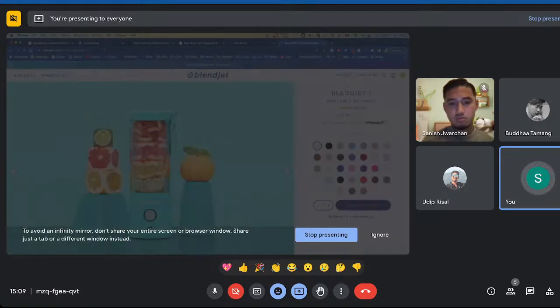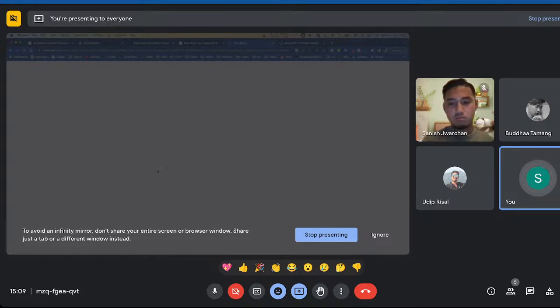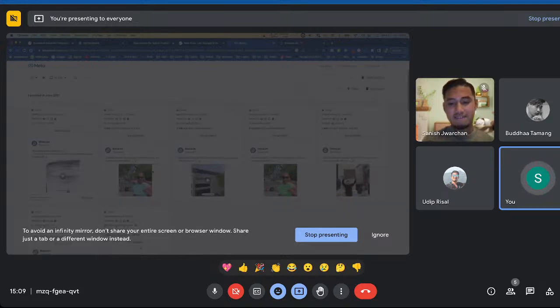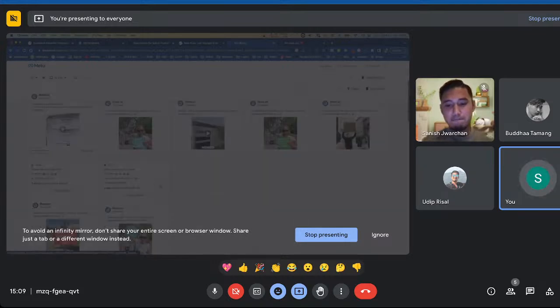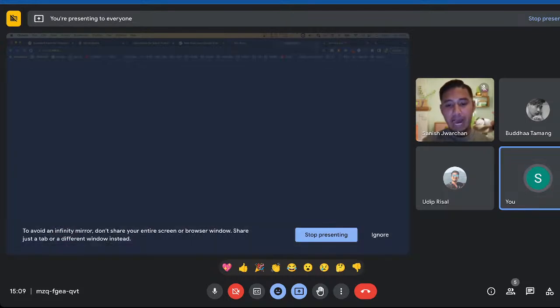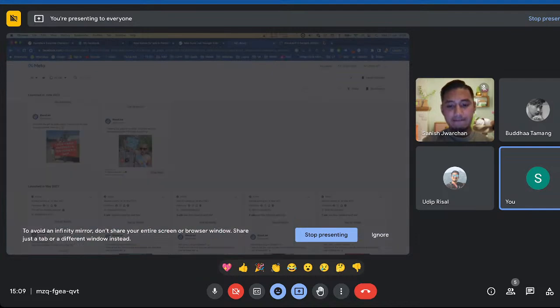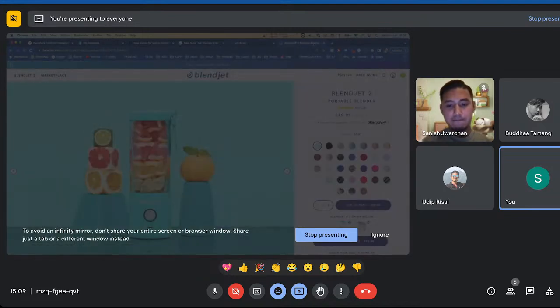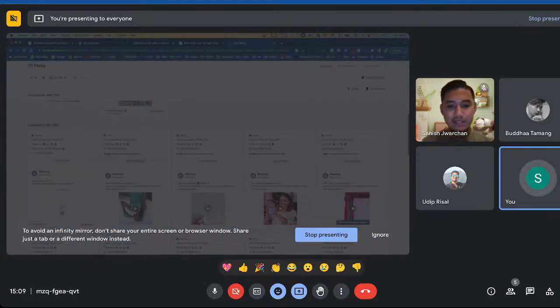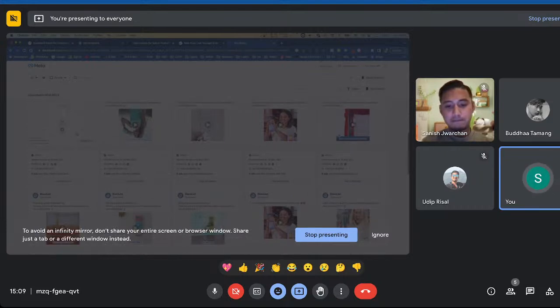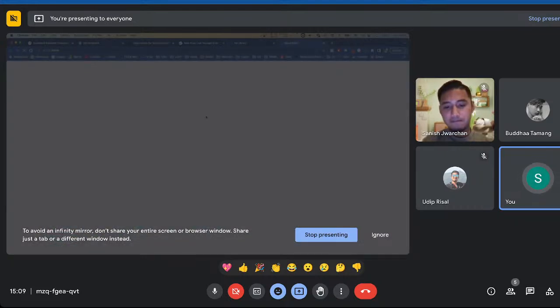So no, they're not using it. This could be because it's in the ad library, so it might not work. Let's try one or two more. But hopefully you guys get the concept, okay? You just keep trying until you find some advertisers that use UTMs.